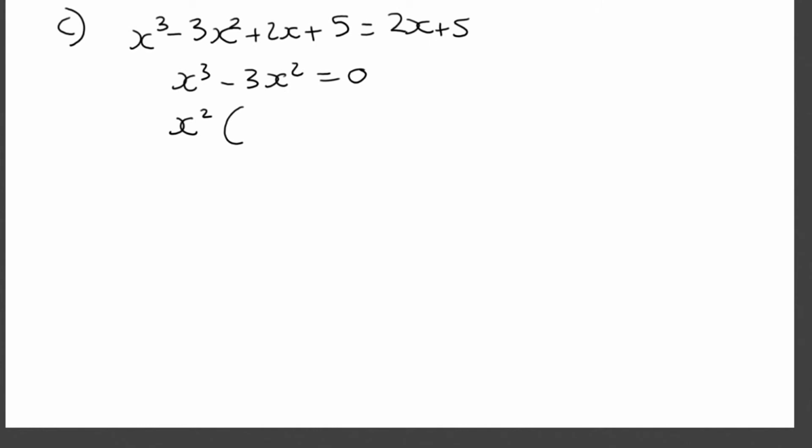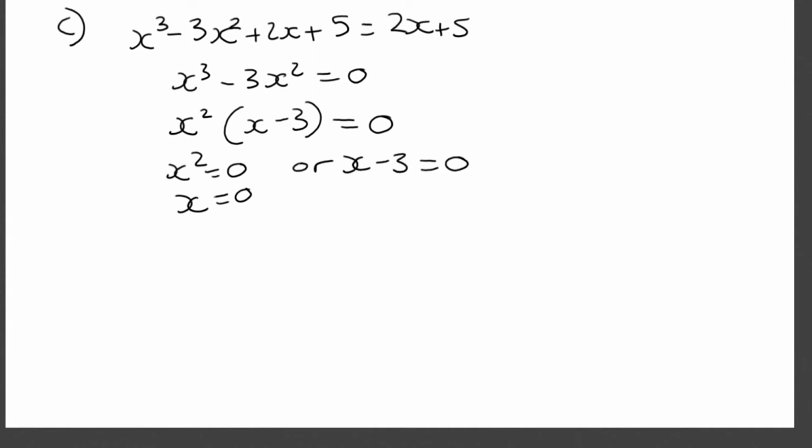Take out x squared as the highest common factor, and you get x minus 3 in the bracket. So x squared equals 0, which just means x is 0, or x minus 3 equals 0, so x equals 3. Now, for P, the x value is 0, so for Q, the x value is going to be 3.